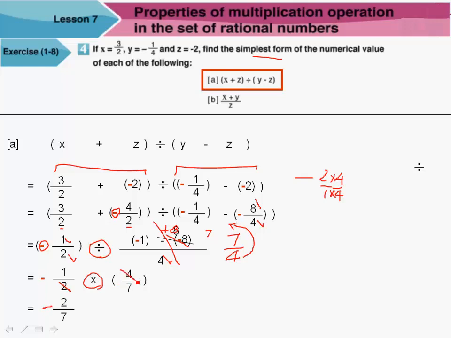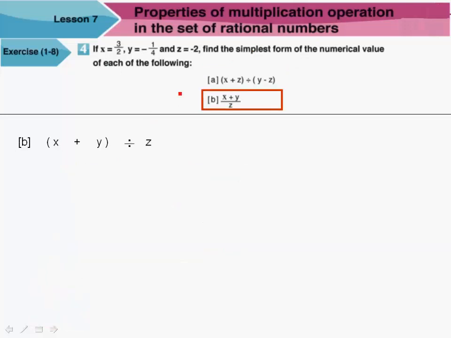We can simplify this. 2 over 2 is 1. 4 divided by 2 is 2. So we have minus 1 times 2 is 2. 1 times 7 is 7. So this is the solution in the simplest form: minus 2 over 7. Number D.